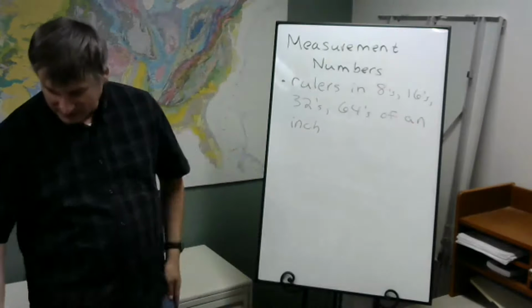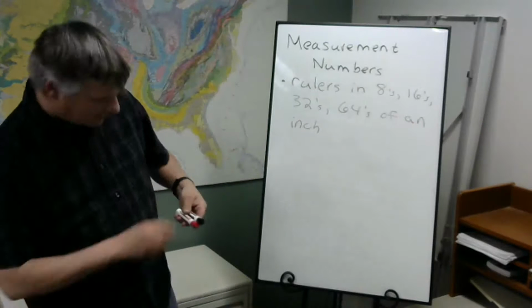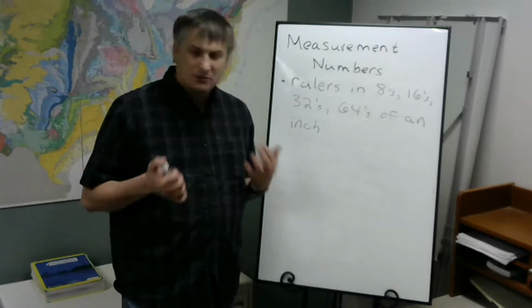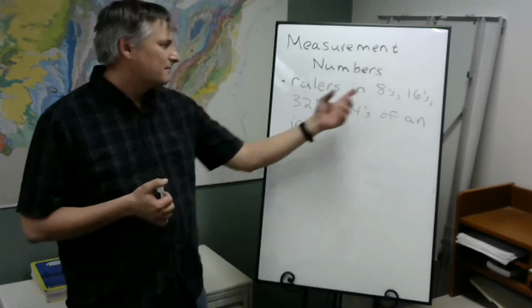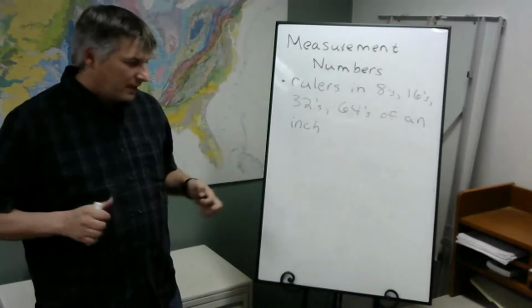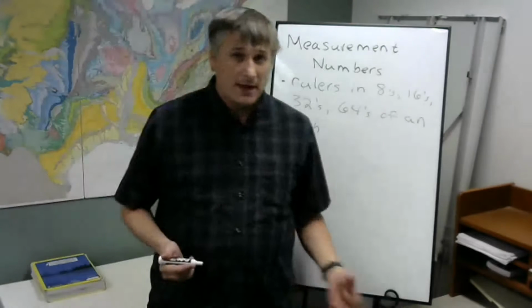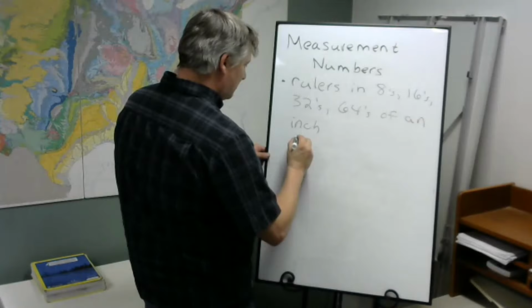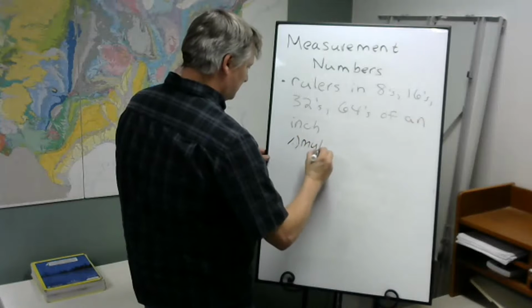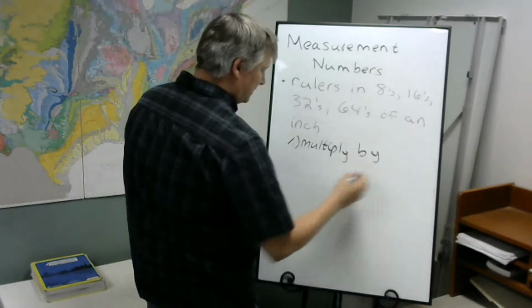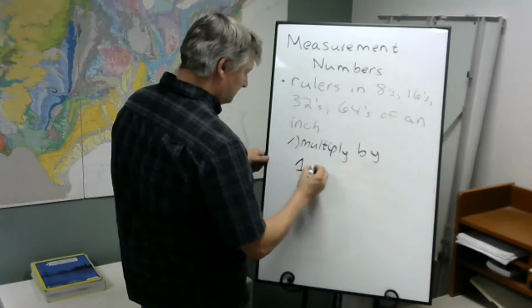So you'll get this kind of thing. So if we have numbers that are actually decimal numbers, how do we convert them into 1/8 of an inch, 16ths, 32nds, and 64ths? And there's a little procedure you can use to do that. So first, we're going to multiply by 1.